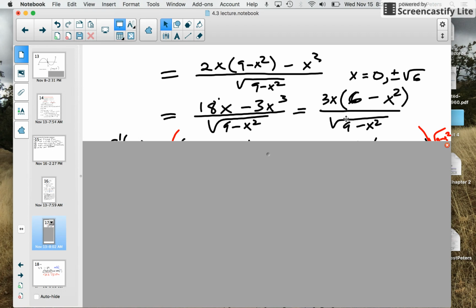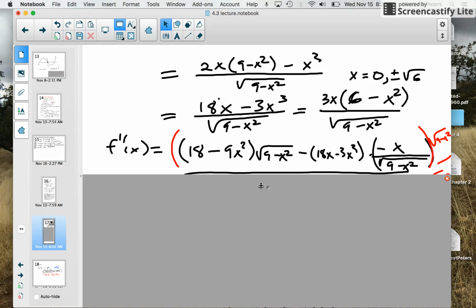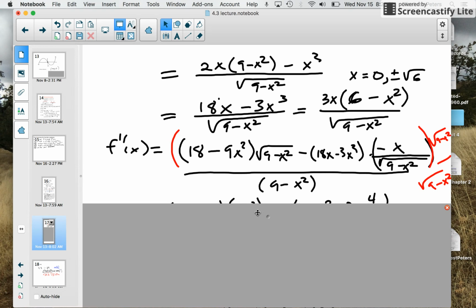Now, we have to take this and find the second derivative. So that's going to be a pain. So we have to use the quotient rule. Okay. And we're going to get this whole messy thing. We're going to multiply by the square root of 9 minus x squared and the square root of 9 minus x squared, so we can get rid of that in the denominator there.